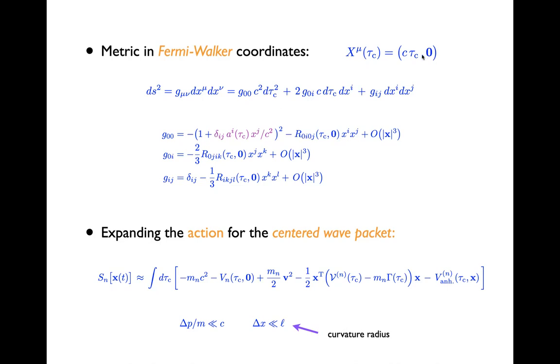And then also, in addition to that, you consider velocities that are small compared to the speed of light. But again, as I said, this would be just the spread of the wave packet because we are already in the frame where the central velocity is 0. Then you can use this expansion, which corresponds to an expansion for small velocities compared to c. And so you would have additional terms involving higher powers of v over c at the cubic, fourth order, and so on. And similarly, in terms of powers of this small separation from the central trajectory over the space-time curvature radius.